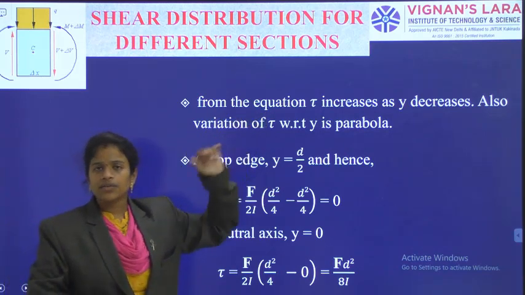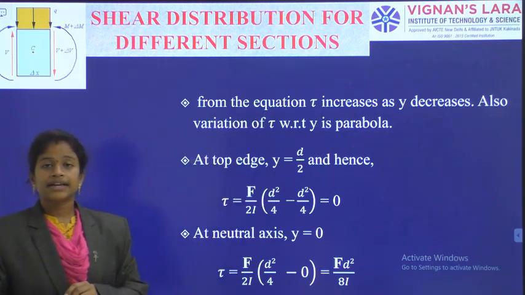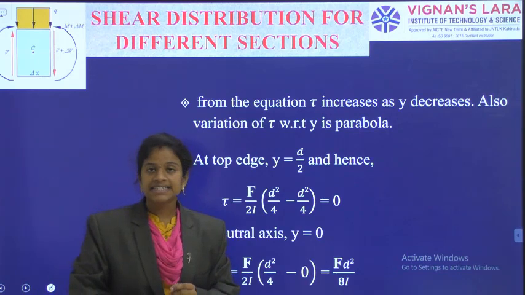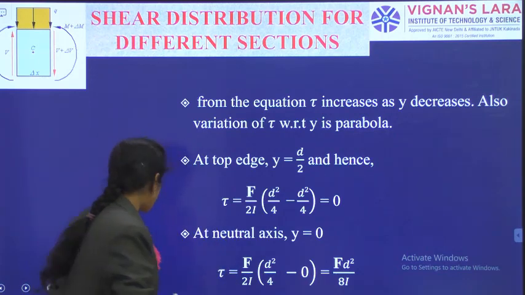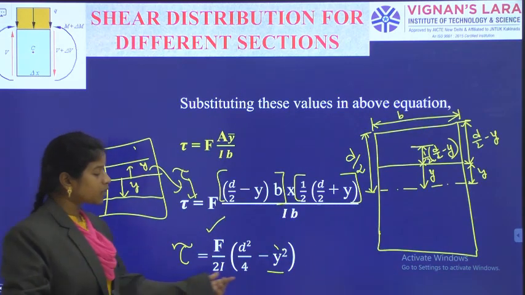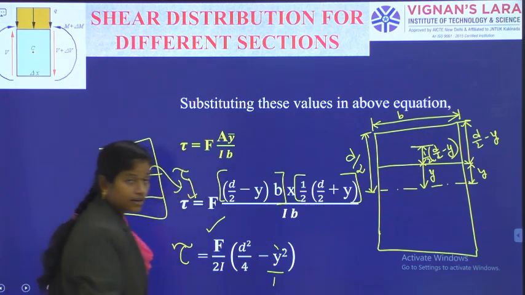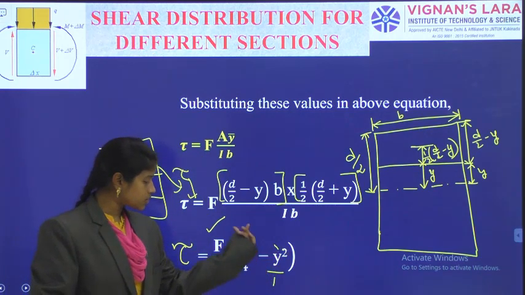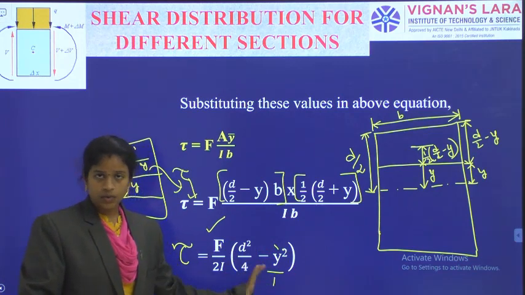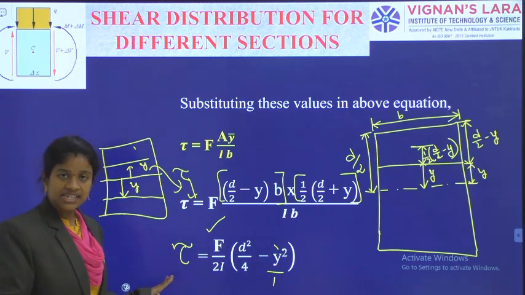Now, from the equation, what you can observe is that tau is decreasing with respect to increase in y. See here, when y is equal to 1, it is 1 square, so something minus 1, and that multiplication comes out.